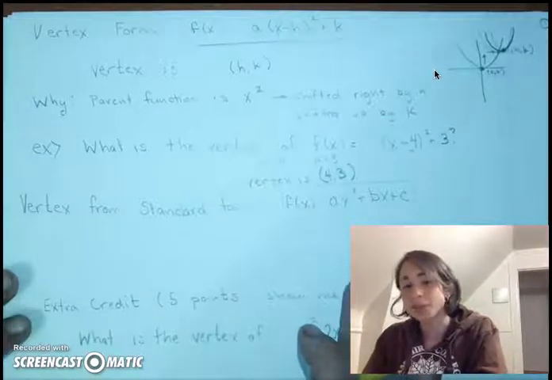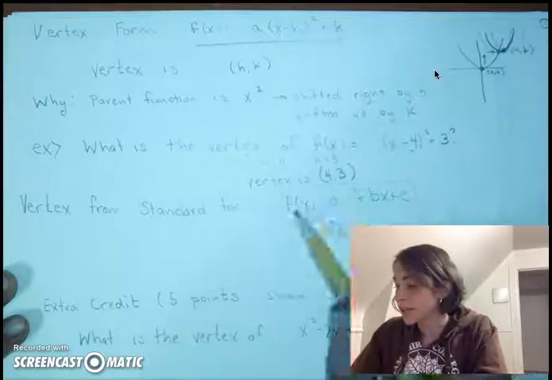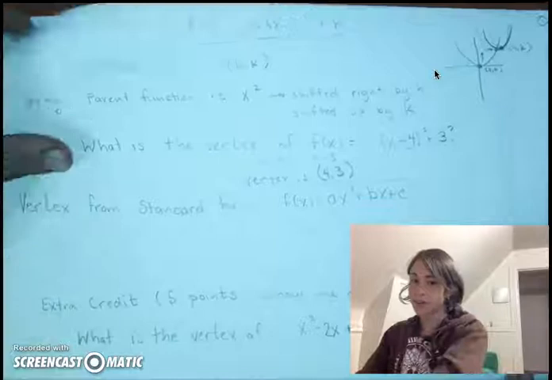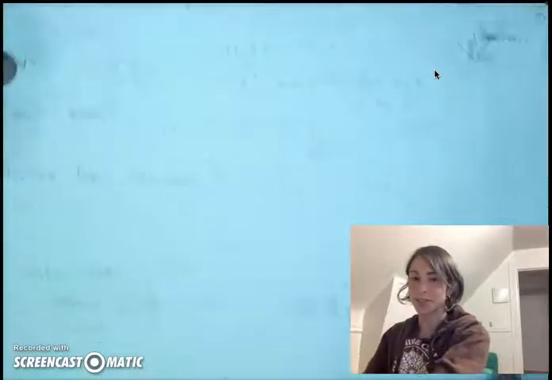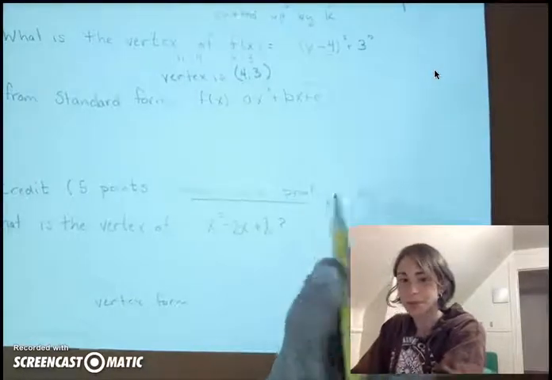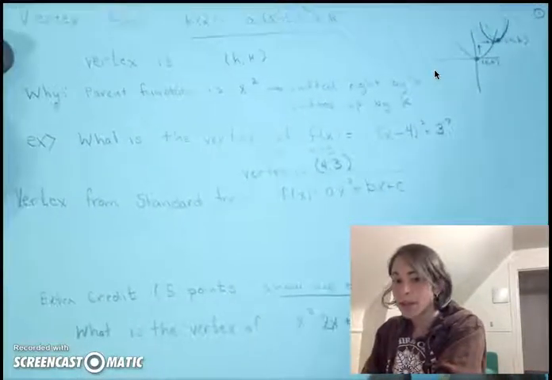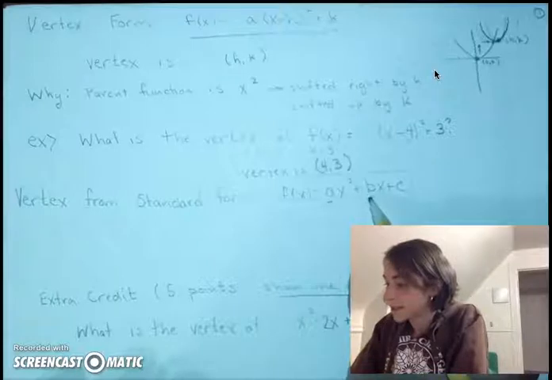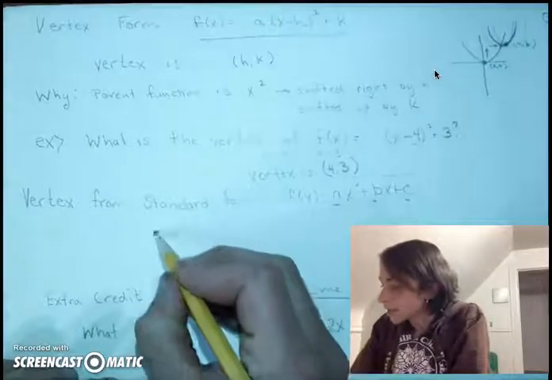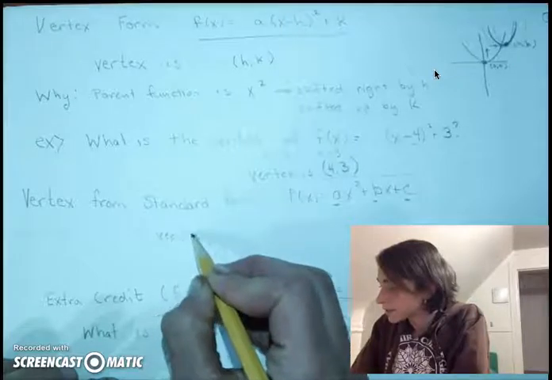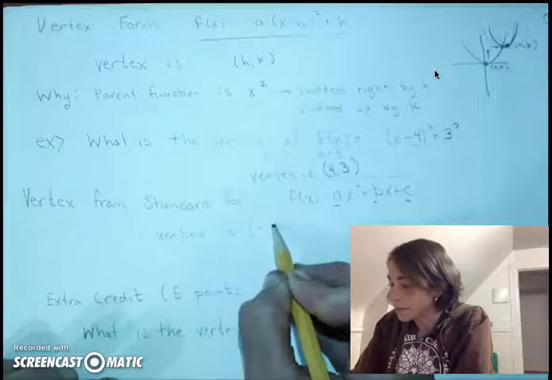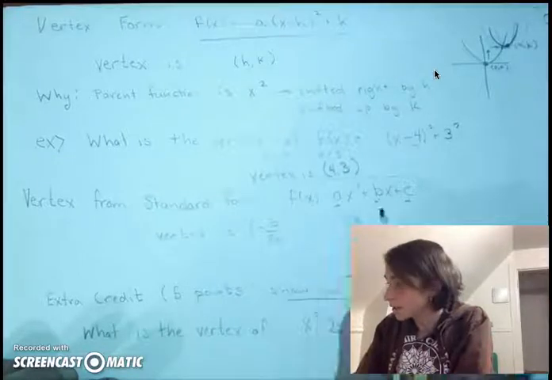So there's also a formula in order to figure out the vertex if it's written in standard form, and I will give you 5 extra credit points if you prove this to me. So 5 extra credit points if you show me a proof. So let me just tell you what the formula is based on these coefficients. The vertex in this case is going to be negative b over 2a.